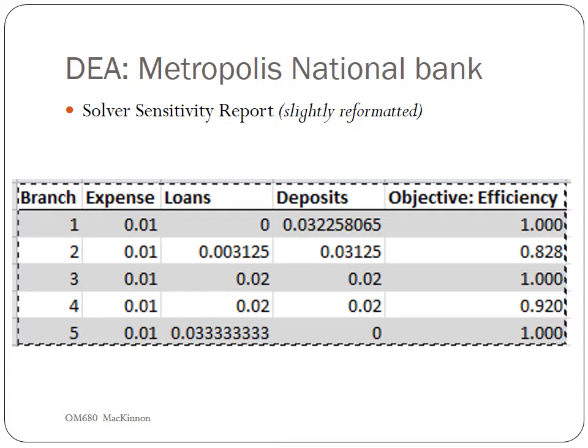For example, for branch 1, we ignore the loan output completely, and we only care about deposits. For branch 3, it's O2 and O2 for both. And then for branch 5, we ignore deposits and we focus on loans. And then on the right-hand side is where we get our efficiency values.